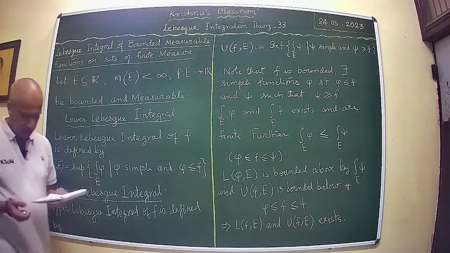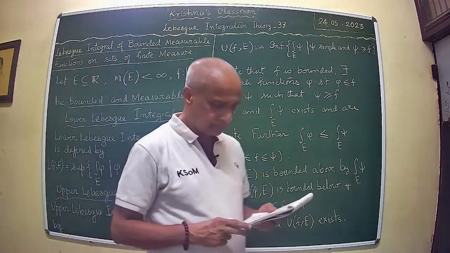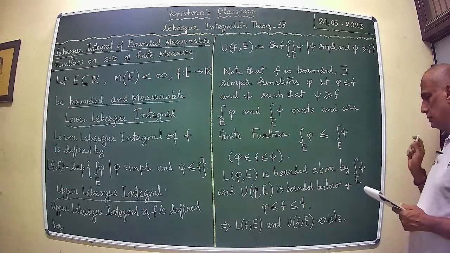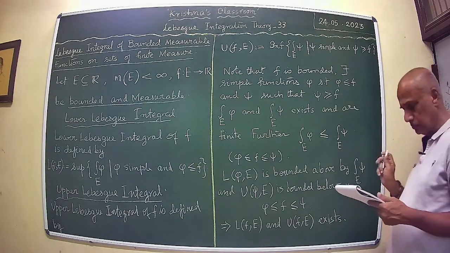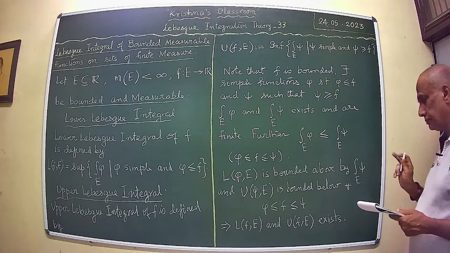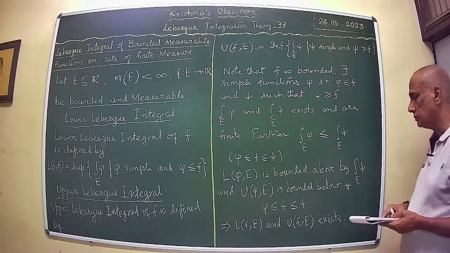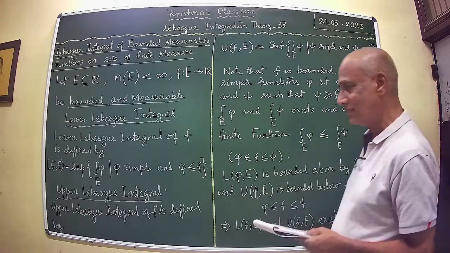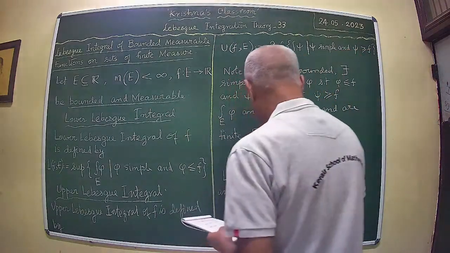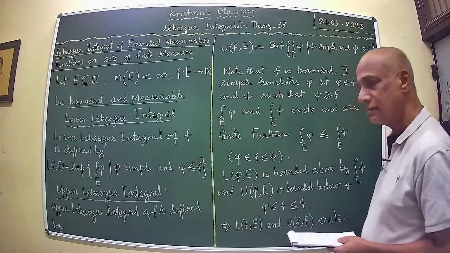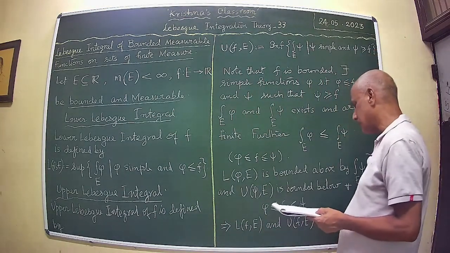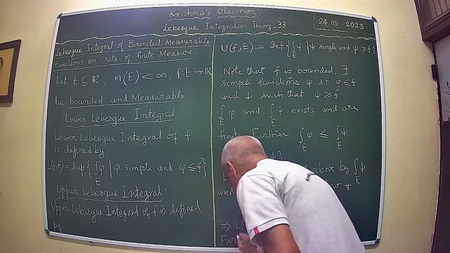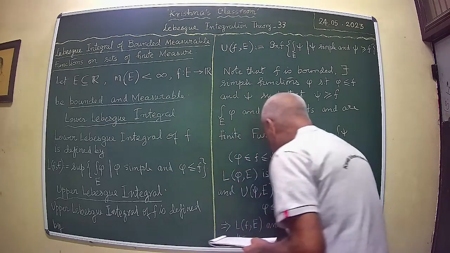Now with this, what we observe is that the lower integral is at most as large as the upper integral. Equivalently, the upper integral is at least as large as the lower integral.